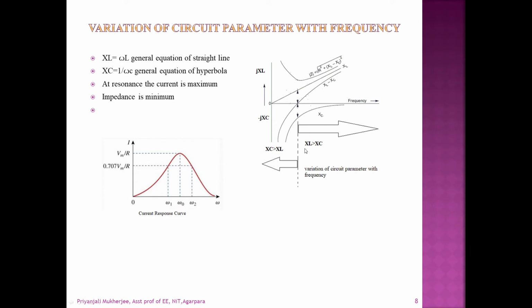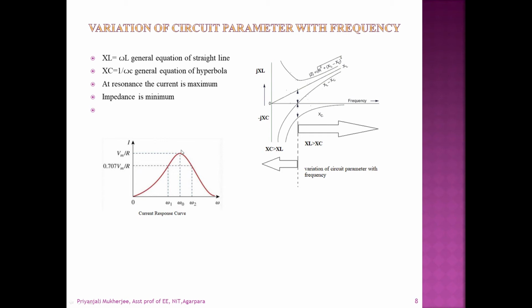So in this area, it acts as a capacitive circuit, whereas above the resonating frequency, the XC value is much less than the XL. So XL is greater than XC, and above this frequency it acts as an inductive circuit, whereas at resonance, it is acting as a purely resistive circuit.